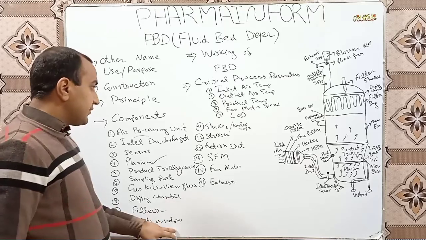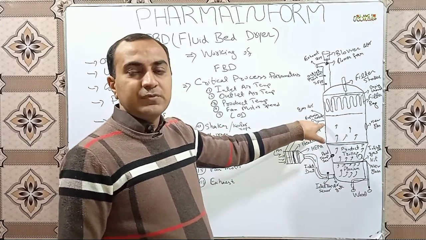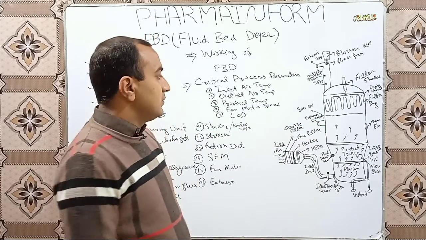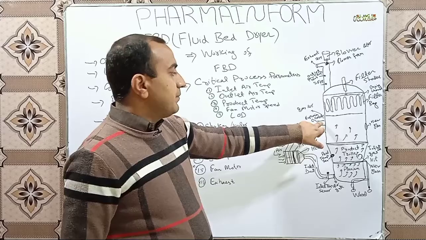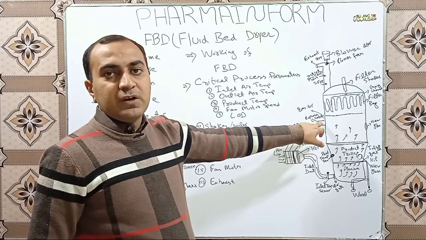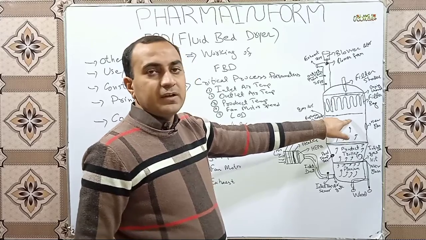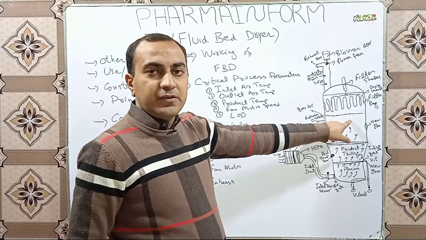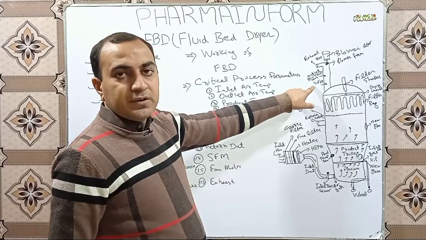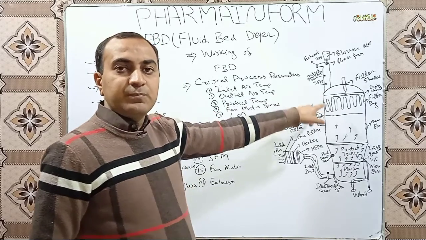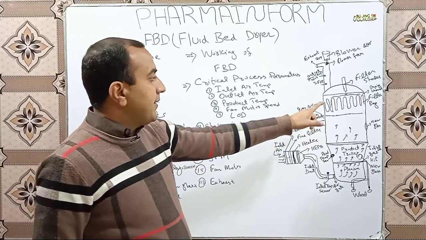The next one is the safety window. This one is the safety window or blast window or explosion window. This is installed in the drying chamber. The purpose of this blast window is that if pressure becomes very high inside the drying chamber and there is any blockage in the return duct or exhaust, this pressure built up inside the drying chamber may blast our FBD.